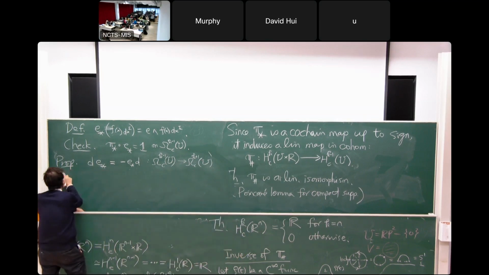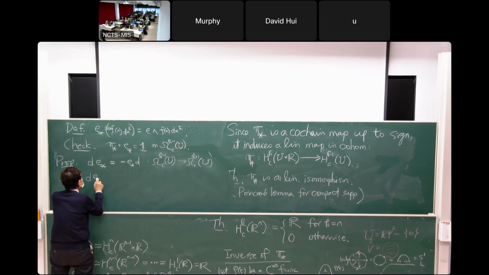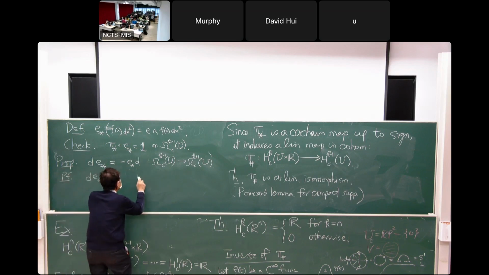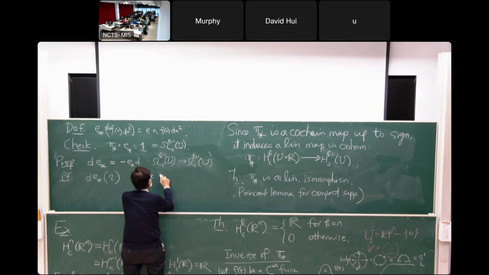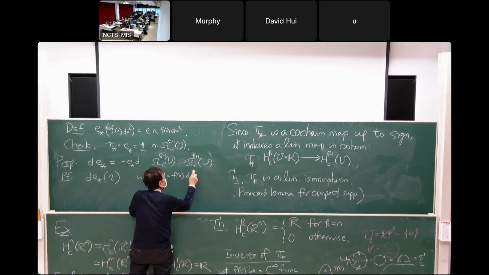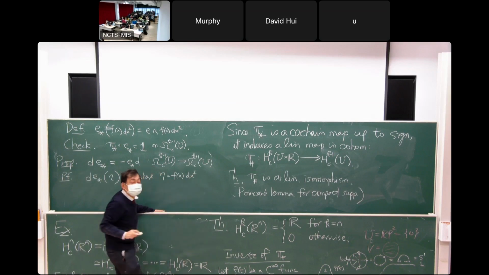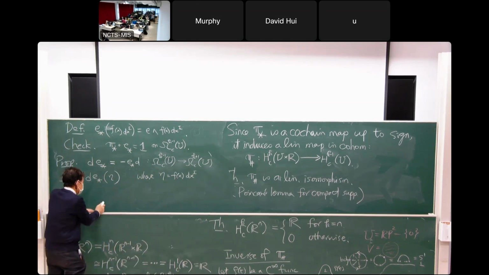So let's check this. d E lower star of f of x dx. Instead, I'll just write eta, simply because it looks cleaner.